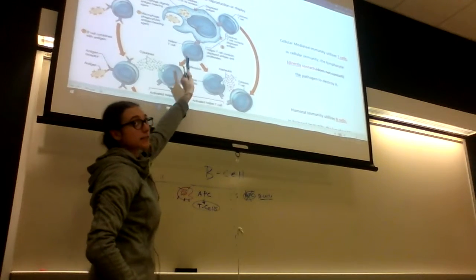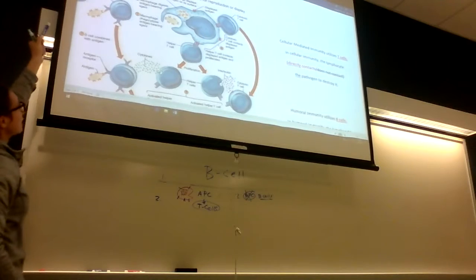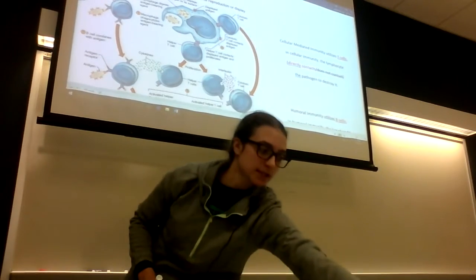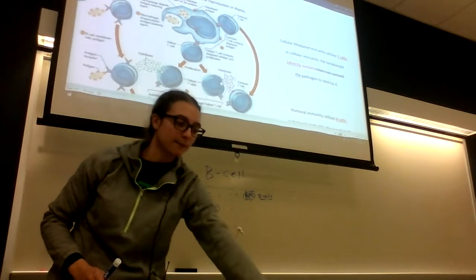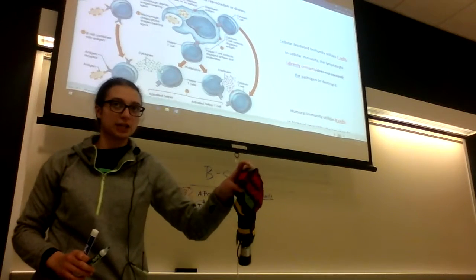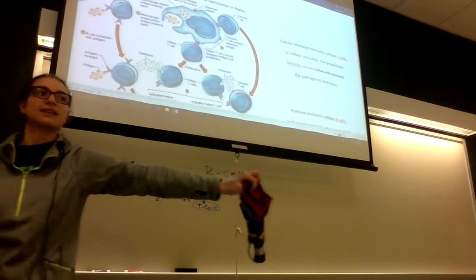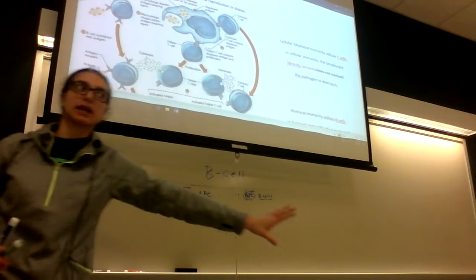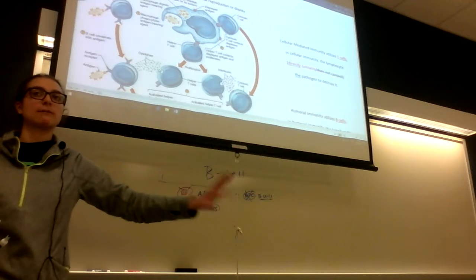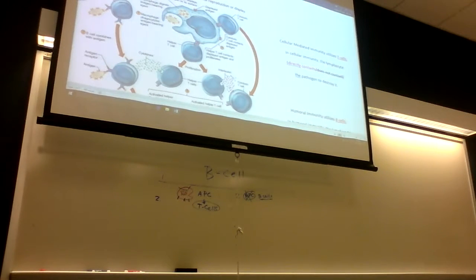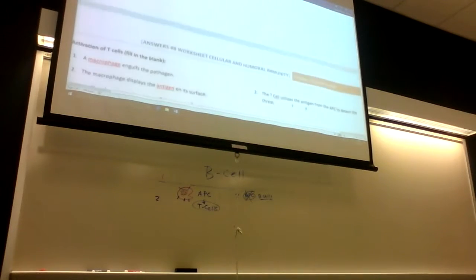So your T cell needs it, so it's still going to do something. Your B cell combines with the antigen, and they're like, oh, you're a threat. But it doesn't kill it that way. It's aware of the antigen, but it doesn't really do anything to it. It's not activated. So that is that.